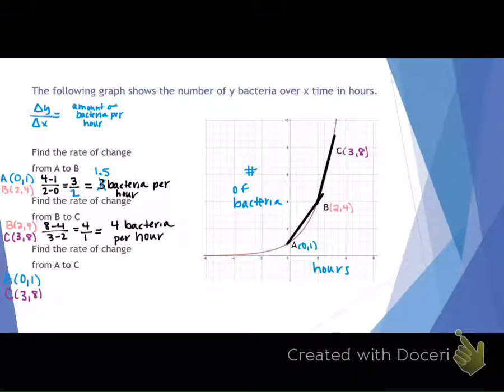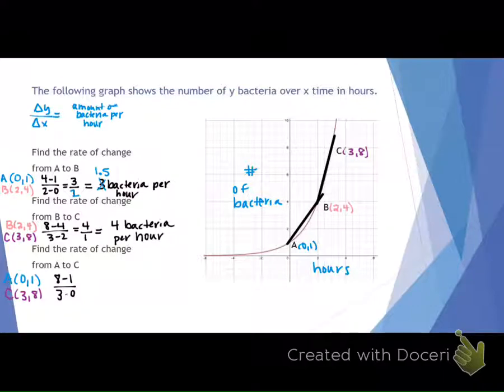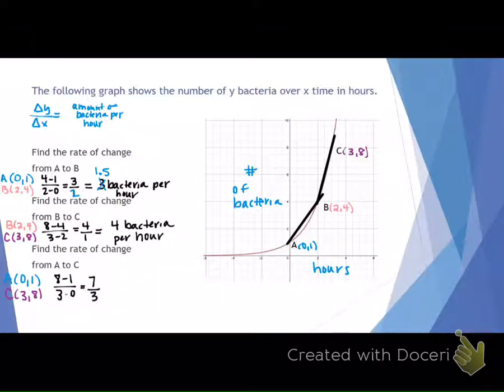So we can find the slope there by doing 8 minus 1 over 3 minus 0, which is 7 over 3, which is 2 1/3, right? So that's 2.3, but we'll round it.